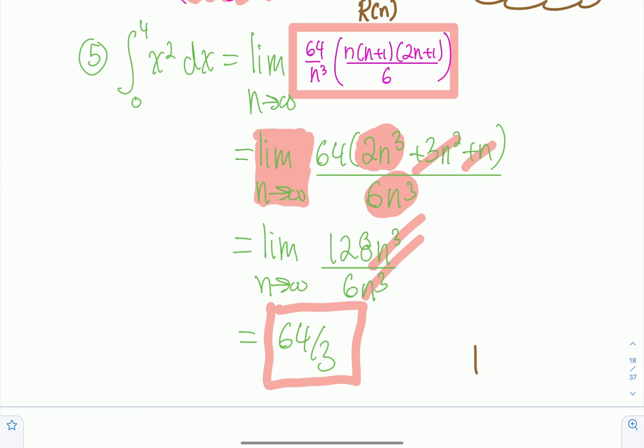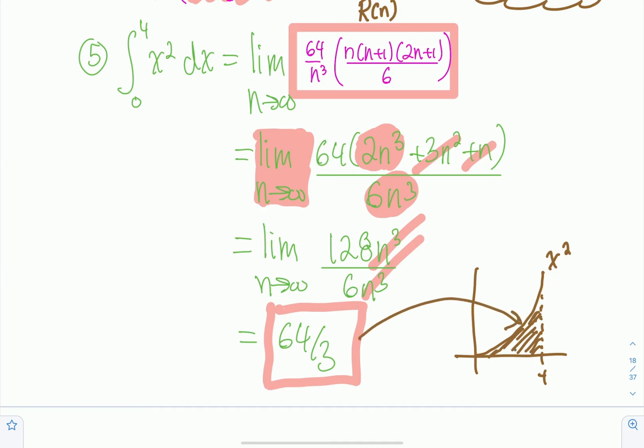Remember, this was our example, easy to illustrate, where we realized very quickly that we could not use basic geometry to compute that area. So we had to first guess it or approximate it using rectangles or Riemann sums. But now we have the exact value. That pink region from that previous example is 64 over 3. Nice. Very nice.